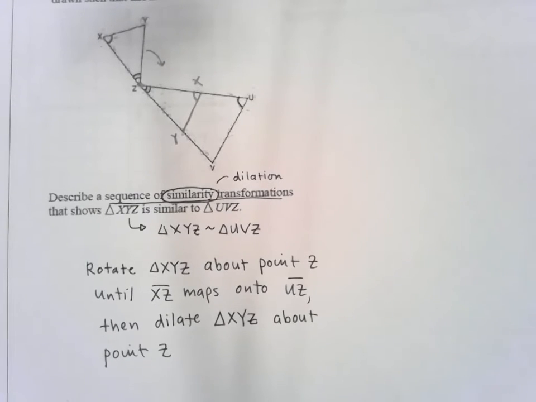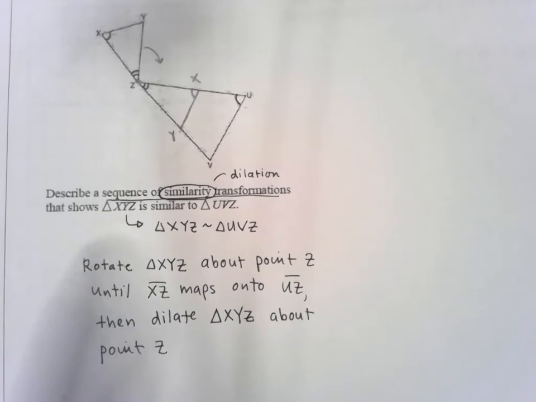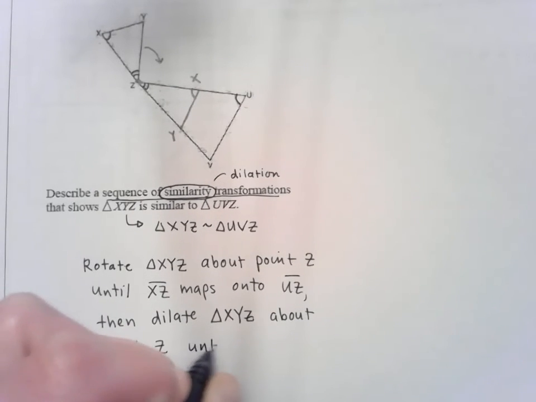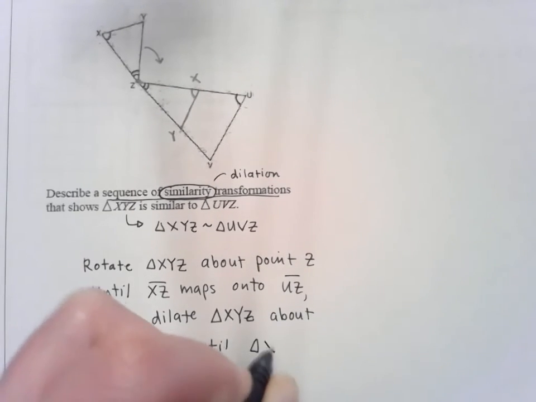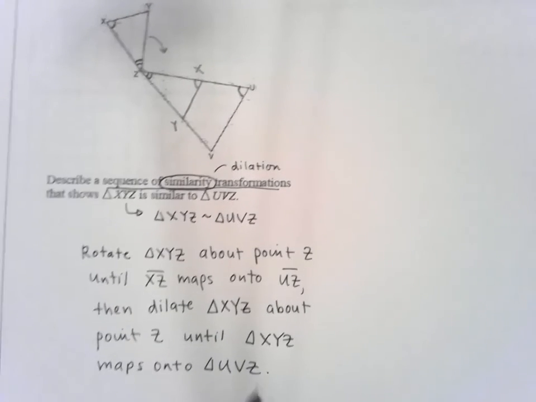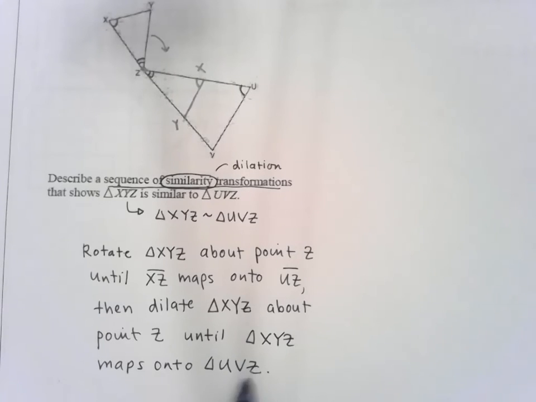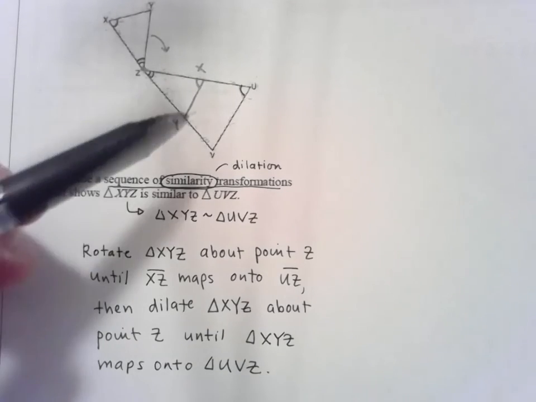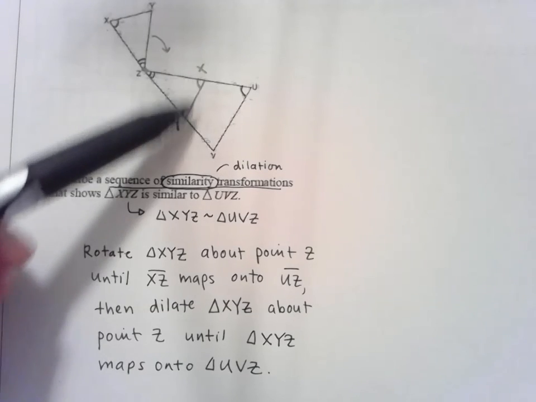So I'm going to dilate XYZ about point Z until triangle XYZ maps onto triangle UVZ. By listing out the two triangles that ultimately need to map onto each other, I'm saying you can stop dilating this figure when this shape maps onto this shape.